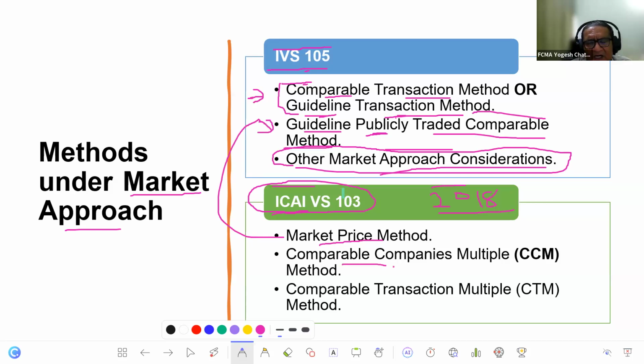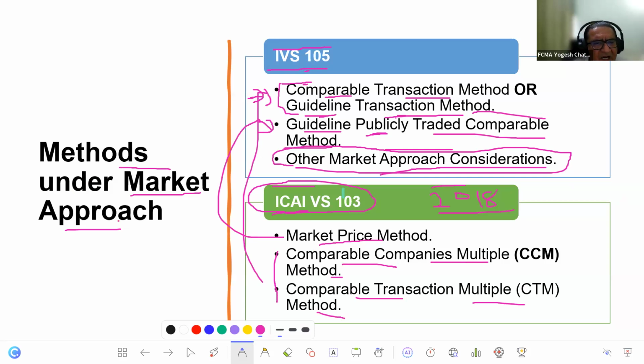Then we have the comparable companies multiple method and the comparable transaction multiple method. You can relate this with the comparable transaction or guideline transaction method. So that is about the various methods of valuation under the market approach.